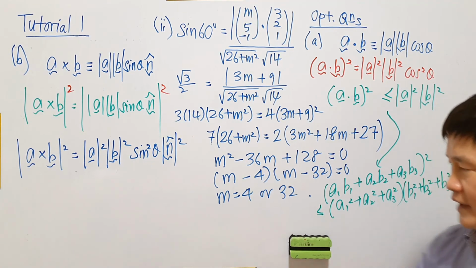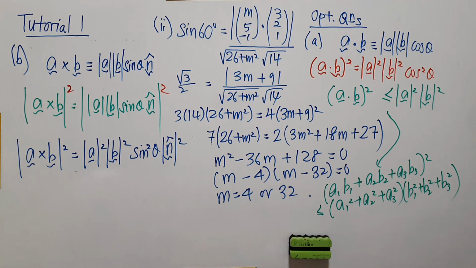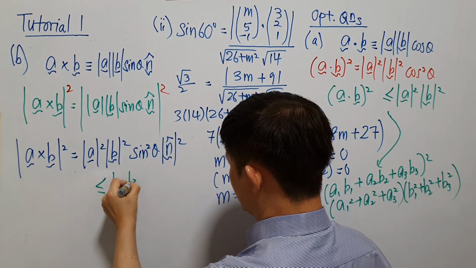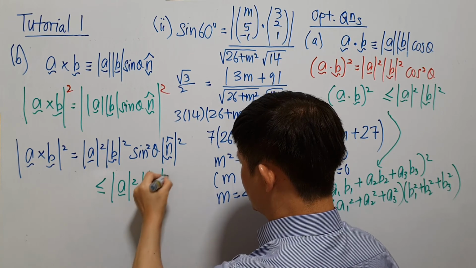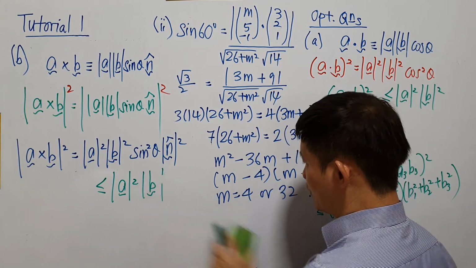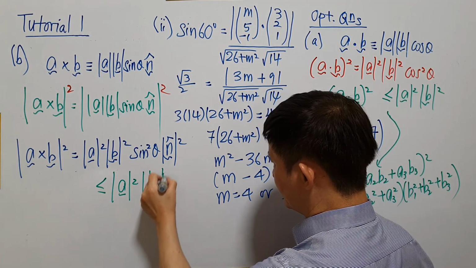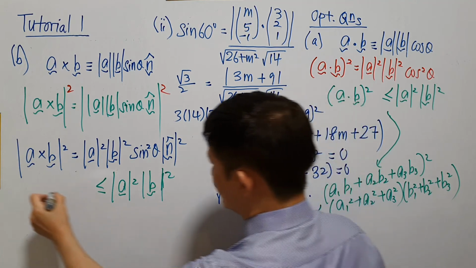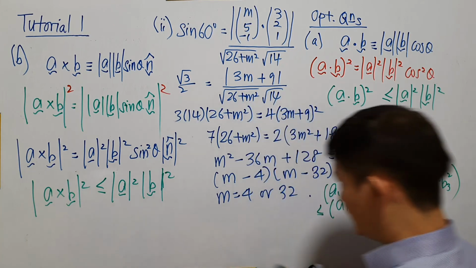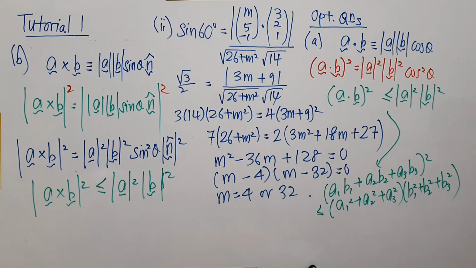And sine square, just like the cos square, ranges from 0 to 1. So therefore I can say that this one will be less than or equal to magnitude A square, magnitude B square. What I'm trying to say therefore is I will have this inequality: magnitude of A cross B squared. So on the left hand side, the magnitude of A cross B squared.